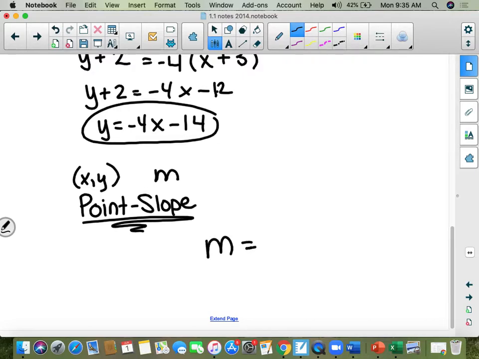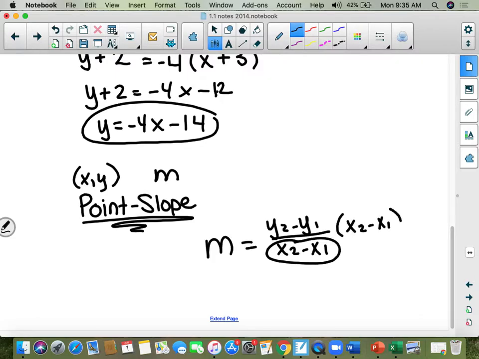So doesn't slope, which stands for m, equal y2 minus y1 all over x2 minus x1? All they did was they multiplied both sides by x2 minus x1 to get it out of the denominator.